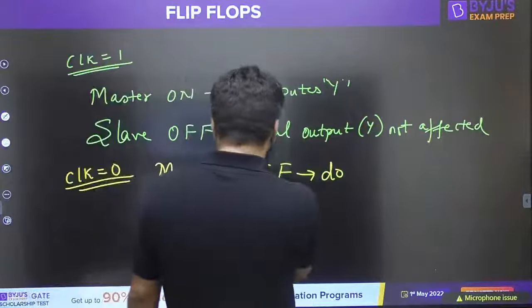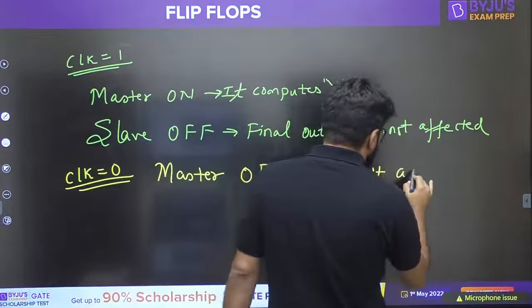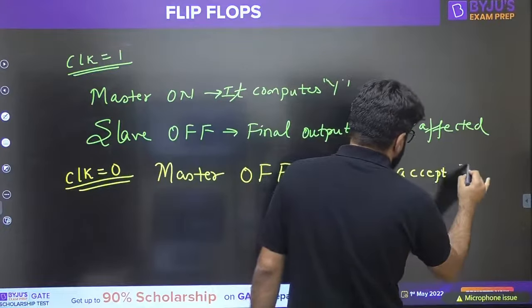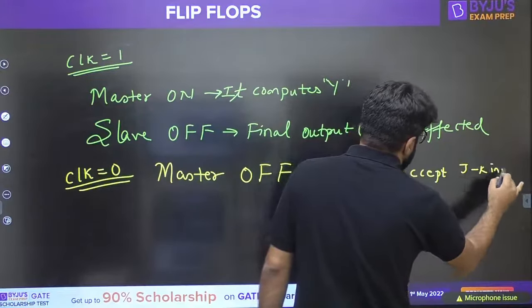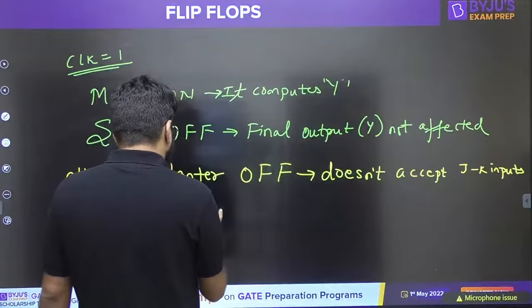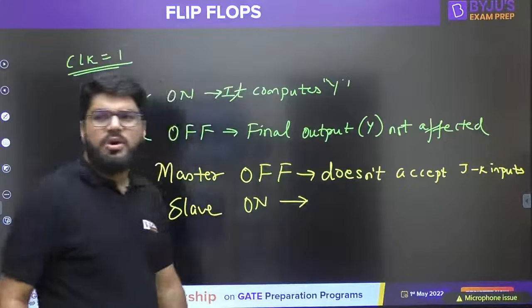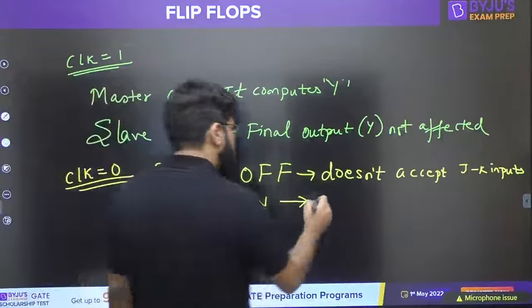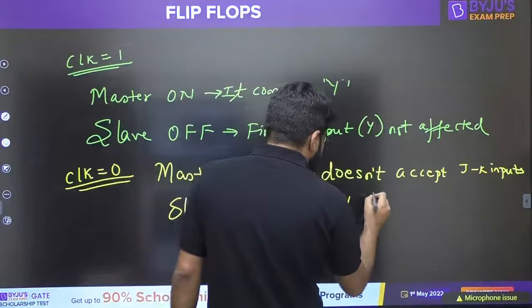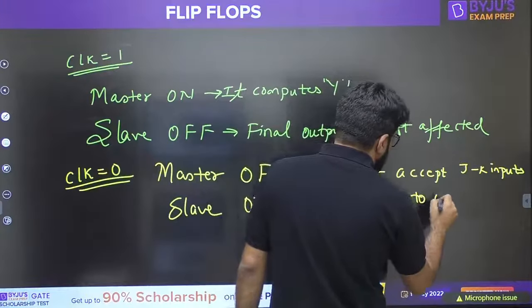The master doesn't accept JK inputs, but the slave is on. So what will the slave do? It will just copy the master's commands into the output.